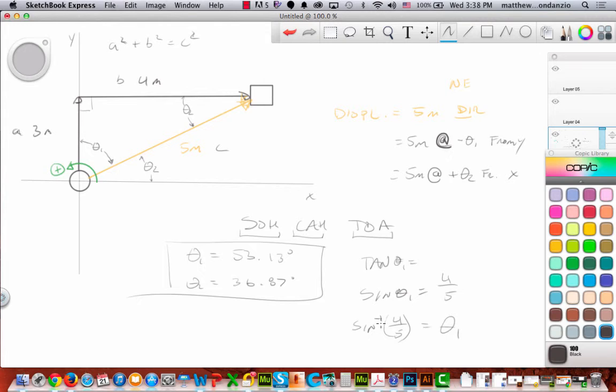Okay. Don't forget, guys: if you have the sine of an angle equals a ratio, to get the theta you've got to take the inverse sine of the ratio to get the angle. Does that make sense?